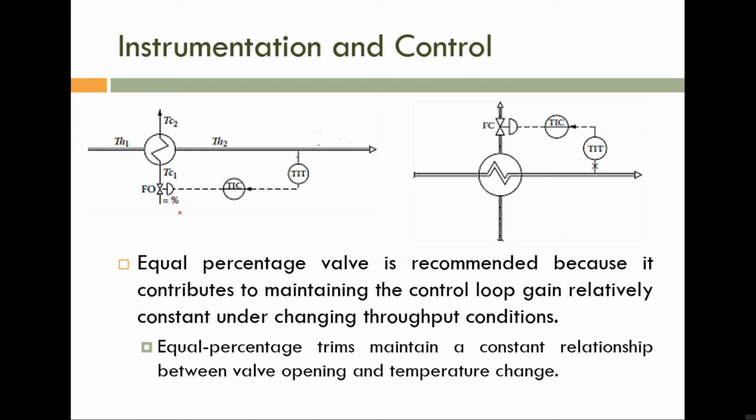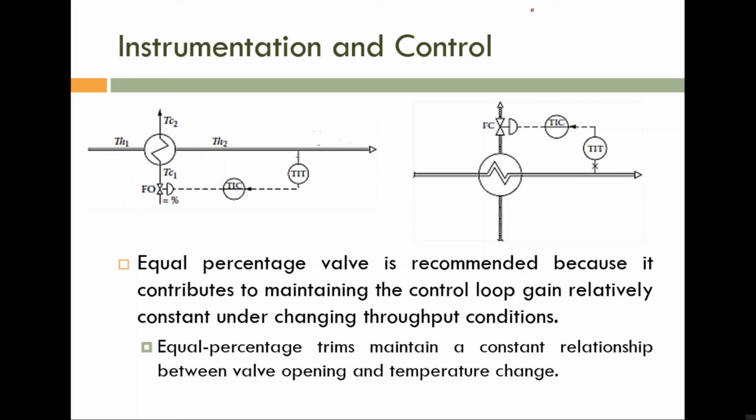For perfect control action, loop gain must be constant. So to compensate for this decrease in loop gain, we need some device which will increase the gain with respect to the heat transfer medium load. The best one is the equal percentage valve. The gain of an equal percentage valve will increase exponentially with respect to the load effect.